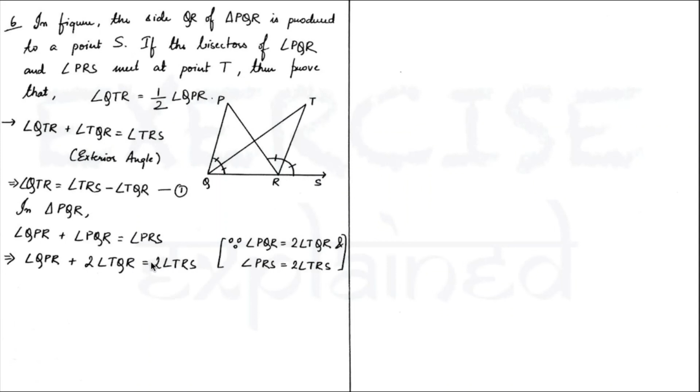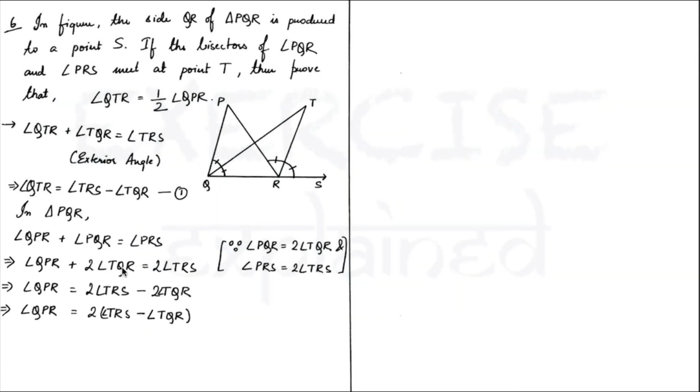So what we do next is I take this to the other side. That means TQR goes to the right hand side, and what we get is QPR is equal to 2 angle TRS minus 2 angle TQR. Now you can see in both these 2 is common, so I take 2 out, and what we get is QPR is equal to 2 times angle TRS minus TQR.